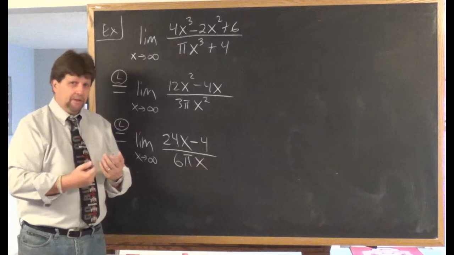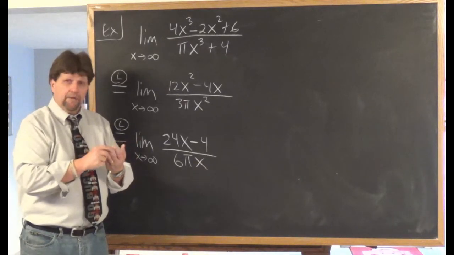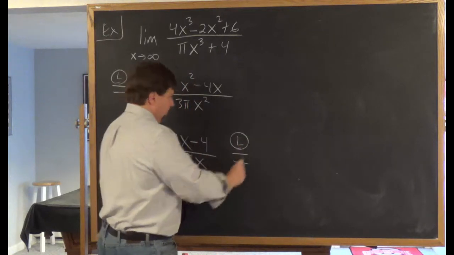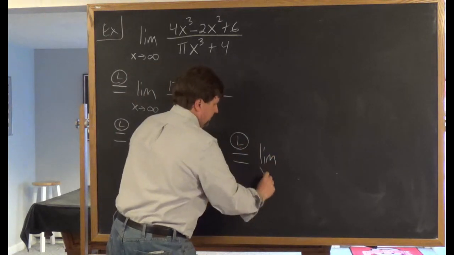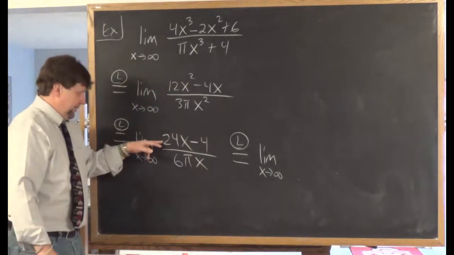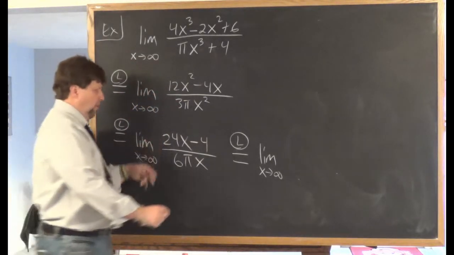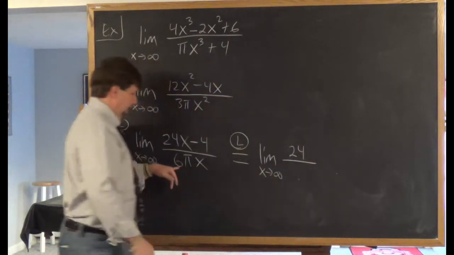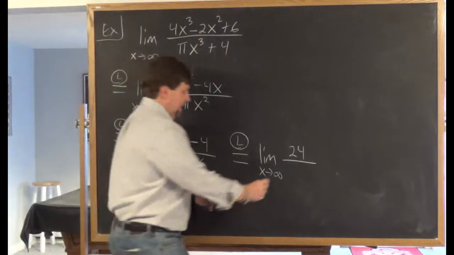Back to the hospital. So here we are heading off to the hospital a third time. And let's see here, the derivative of the numerator is 24. Derivative of the denominator is 6 pi.